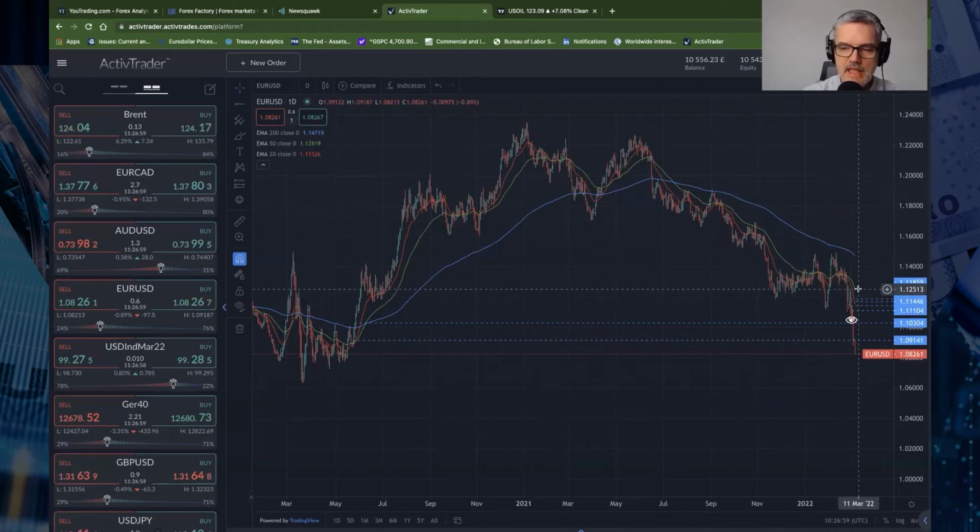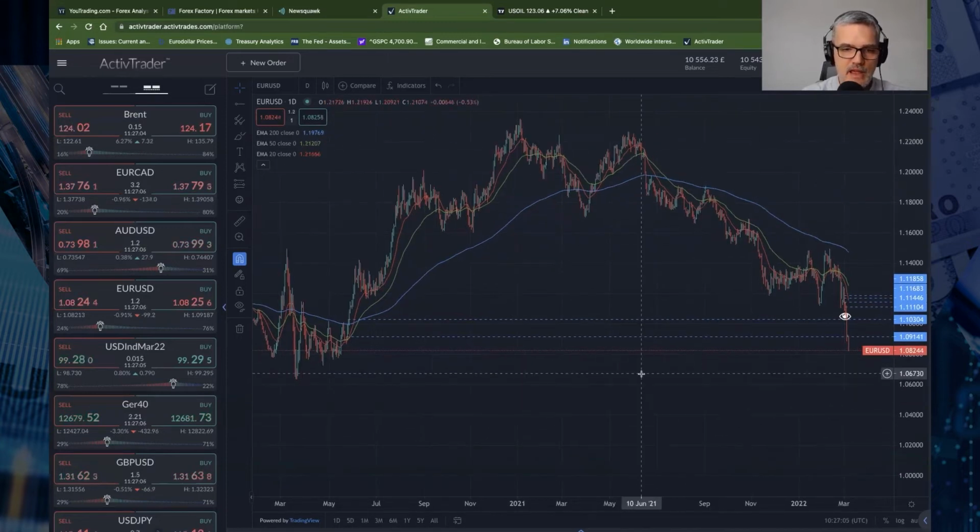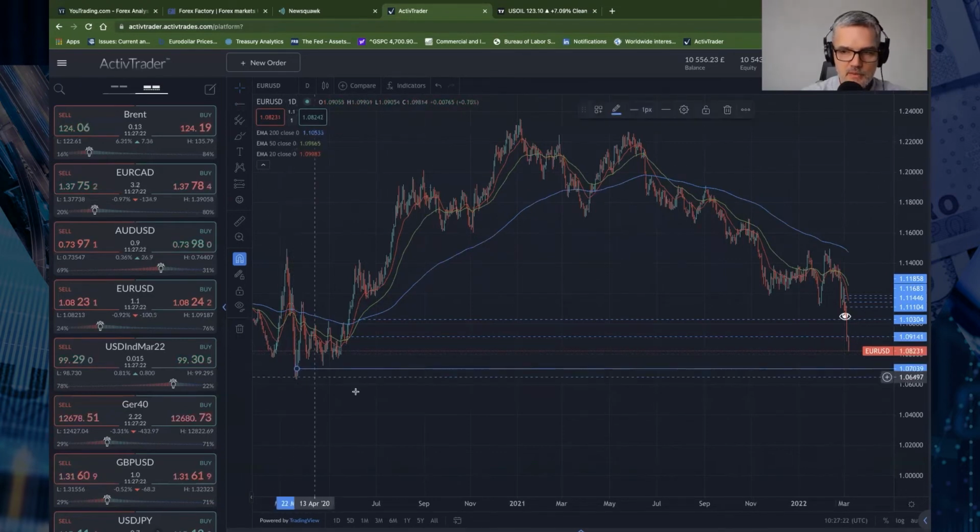And we can see here that there's flows out of the euro into the US dollar, because the US dollar is the safe haven in terms of the global reserve. The rest of the world just needs to move their cash into a place where there's going to be some sort of safety. So the euro for me is coming down towards this swing low around 1.07, possibly to take out the swing low and the 1.06.